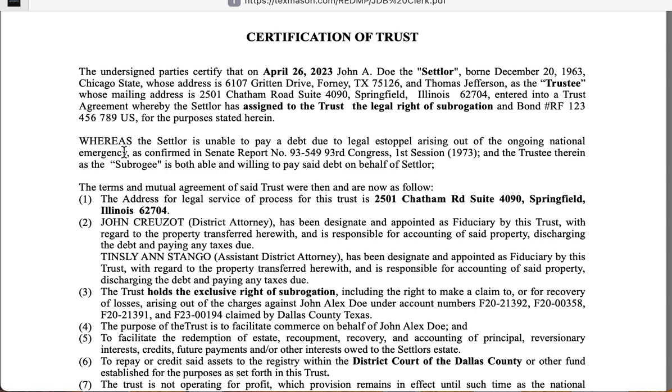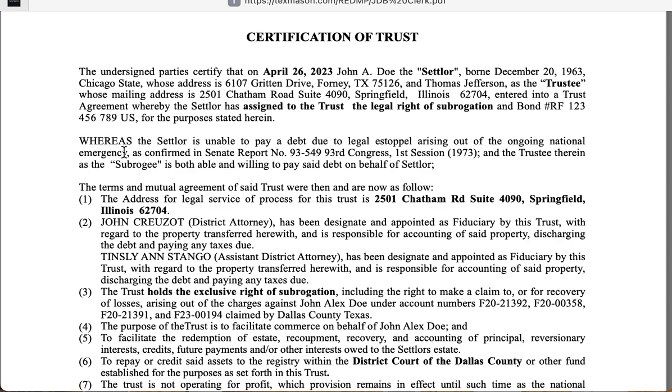Whereas the settlor is unable to pay a debt due to legal estoppel arising out of the ongoing national emergency as confirmed in Senate Report 93-549, 93rd Congress, First Session, and the trustee therein as the subrogee is both able and willing to, let me read that again.